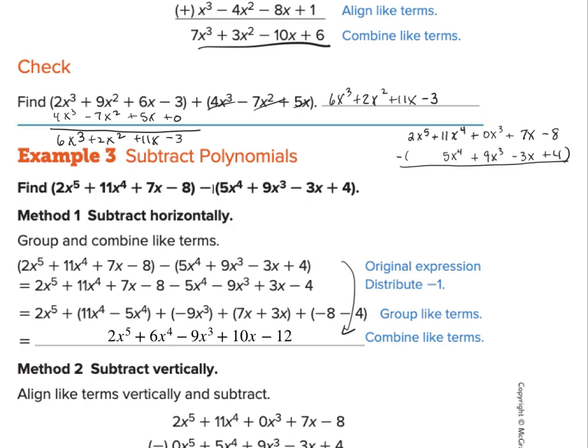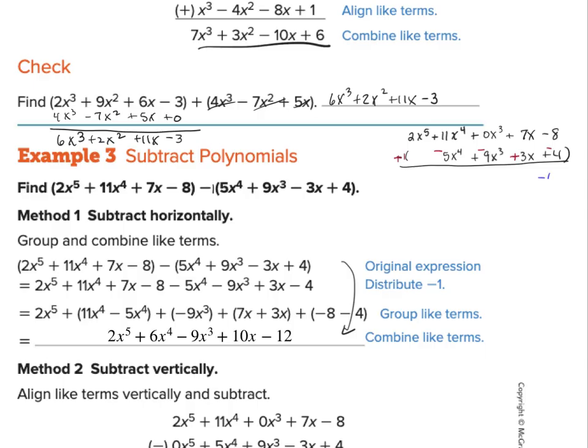So when we subtract, what do we have to do? We have to make sure that we do the multiplication process first, which is nothing more than if I distribute the negative 1, that becomes a positive because I'm now distributing it. This becomes a negative, this becomes a negative, this goes from negative to positive, and this becomes a negative. Now when I combine like terms, the sign changes have been done for me.